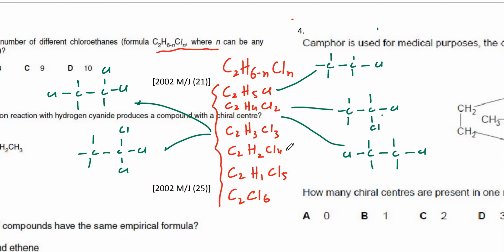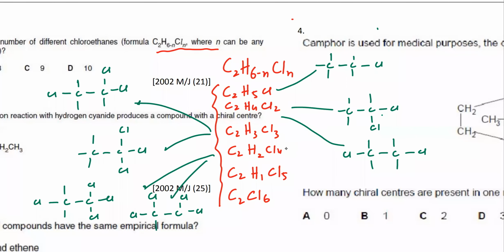4 Cls. How many different versions would you have for 4 Cls? So you could have 3 Cls on one, the 4th Cl could go on the other one, and you've got 2 H's. Or there might be another one, where you could have 2 Cls on one carbon atom and 2 Cls on the other carbon atom, and the 2 hydrogens are over here.